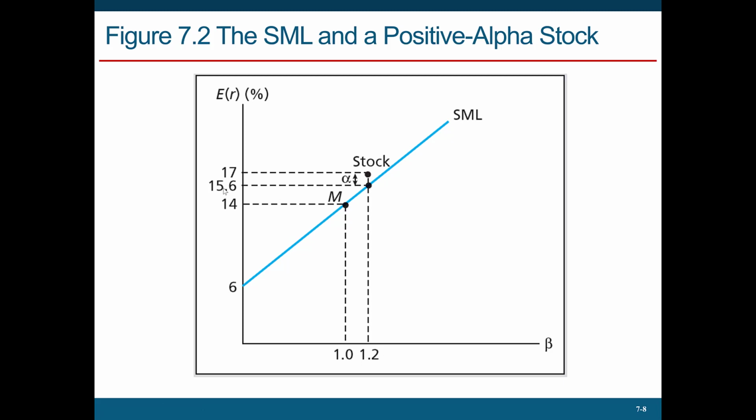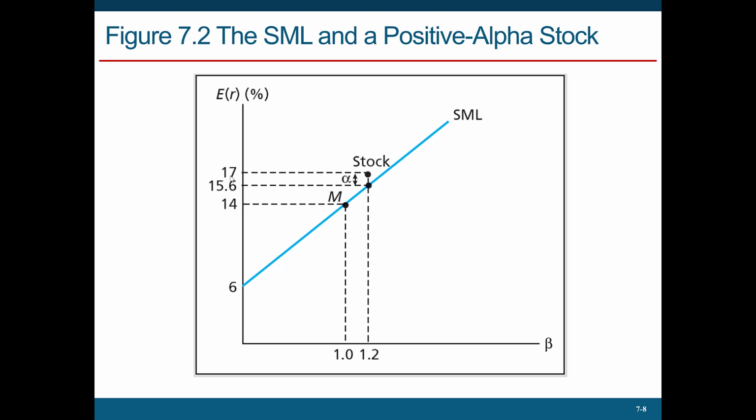Now, suppose you have your own proprietary model of valuation, for example, or you do your own analysis to come up with a forecast for this particular security, right? Your model tells you that this security is going to earn a return of 17% over the next year, right?